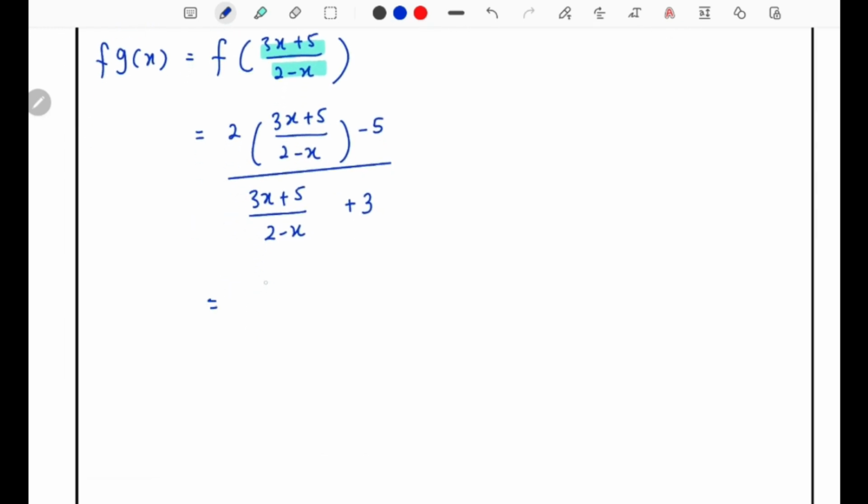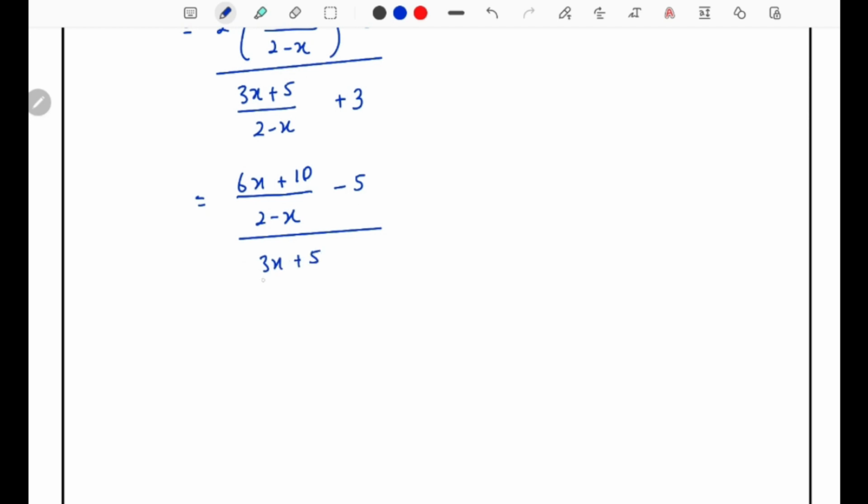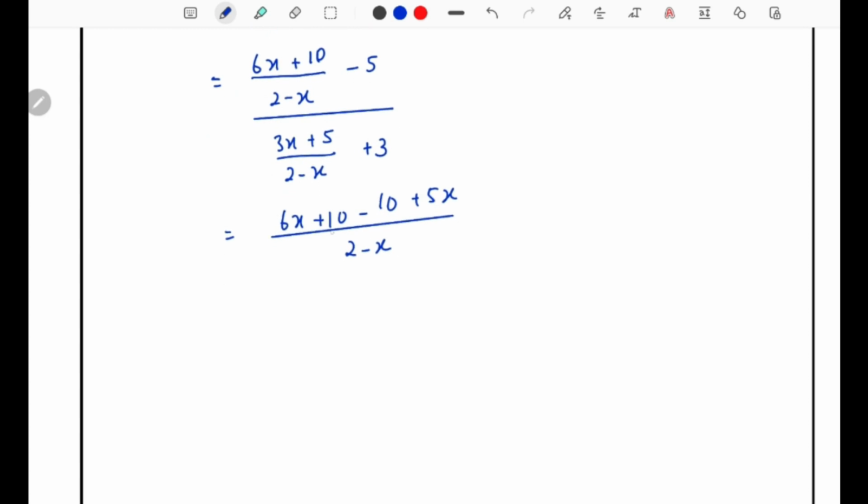Next, simplify. Then equate the denominators.